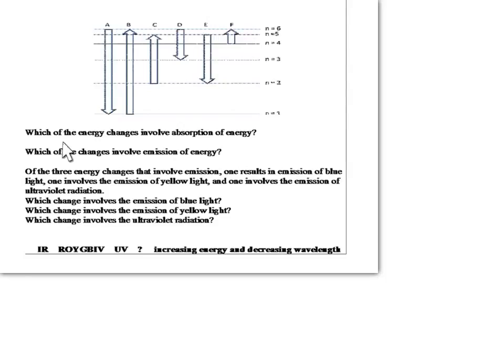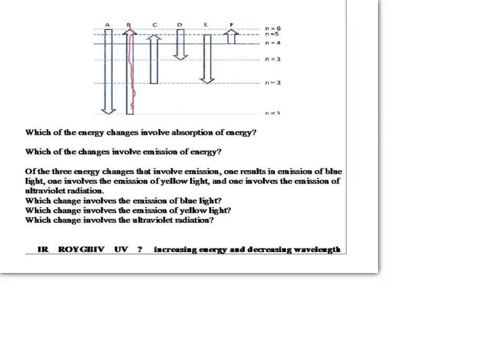And so it says which of the energy changes, so which of these arrows represent or involve absorption of energy. So when electrons absorb energy, they're going to higher energy levels. So the ones that involve the absorption would be the ones that are going up.